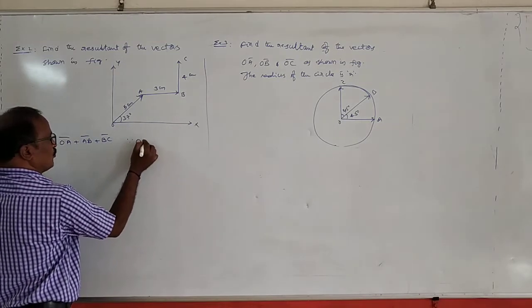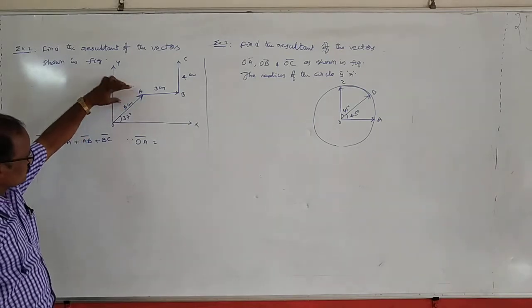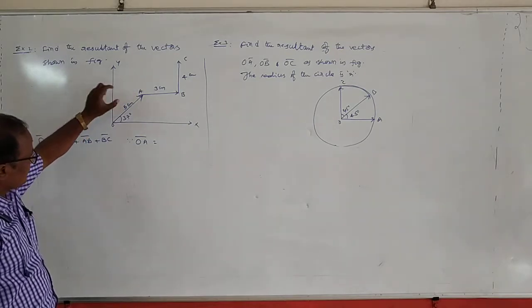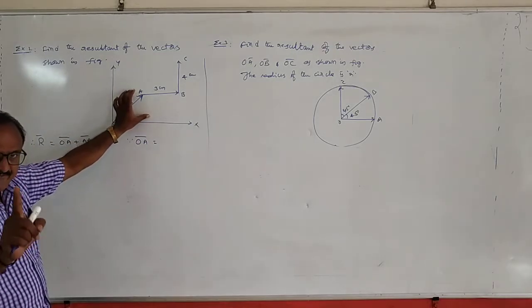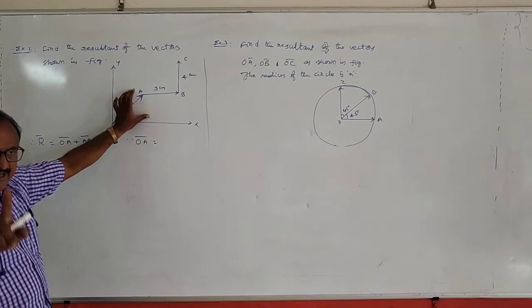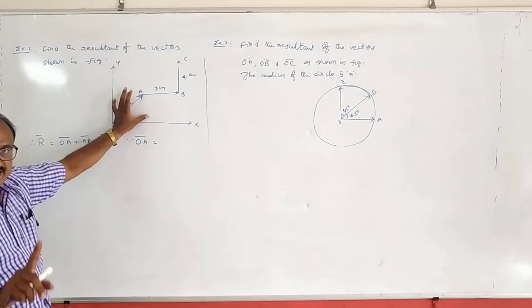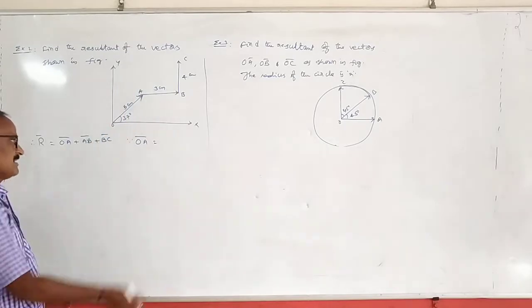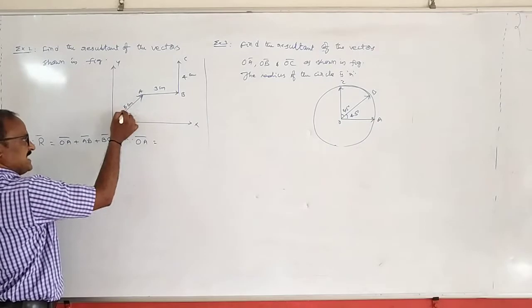OA bar is a vector whose magnitude is 5 centimeters and which is lying in a plane. Any vector lying in a plane can be represented as A bar equal to AX i cap plus AY j cap, because it is lying in the first quadrant. Here A is 5 centimeters.